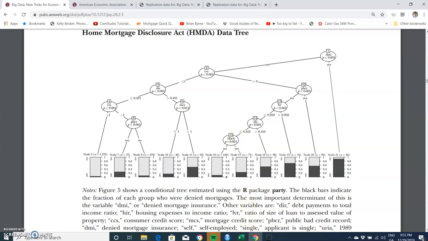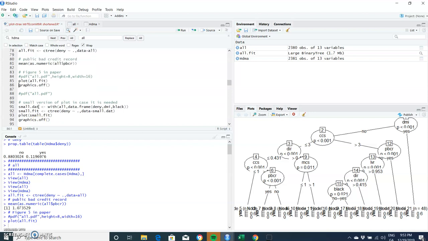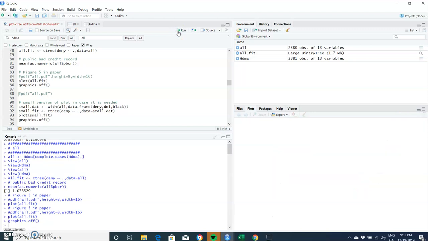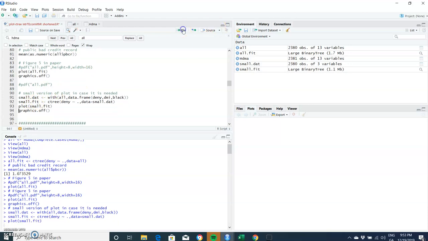To address that, Halvarian does a smaller table, smaller C3, and if again we plot and then we turn the plot off, graphs off, and then we take a smaller data frame where we just examine the NI in relationship to denied mortgage insurance and black, so that's a much simpler relationship, and then we set that out as an object small fit, and then we plot the small fit.